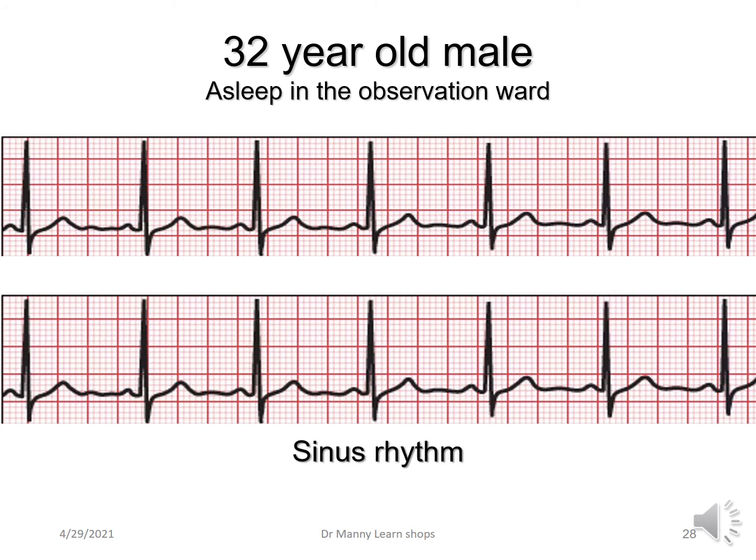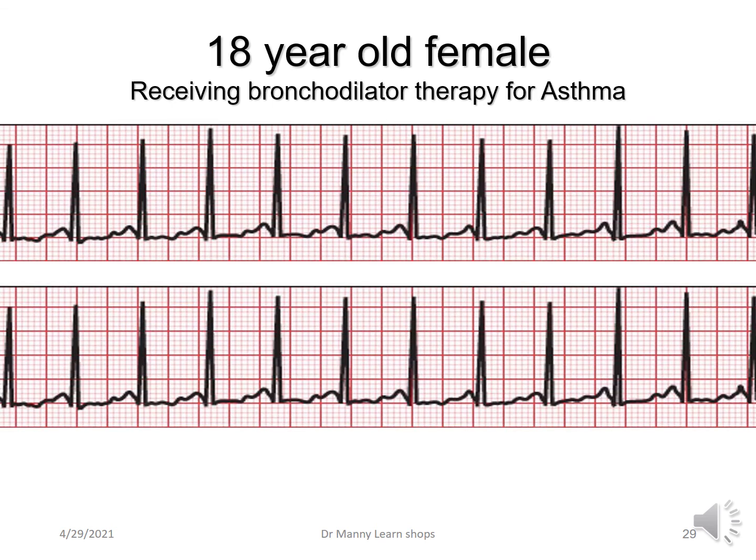This is sinus rhythm. Now you've got an 18-year-old female receiving bronchodilator therapy for asthma. It's regular. The rate's about 150. Seems to have a normal QRS complex. This is sinus tachycardia.